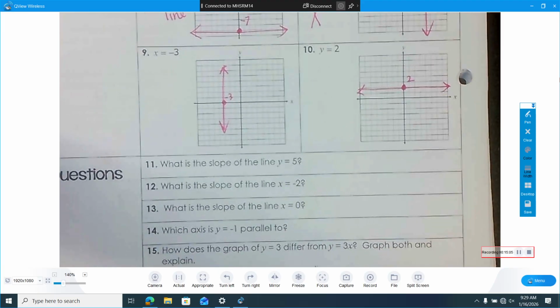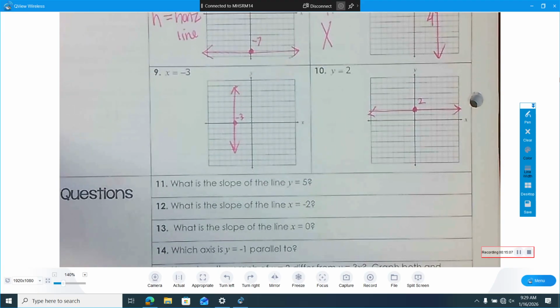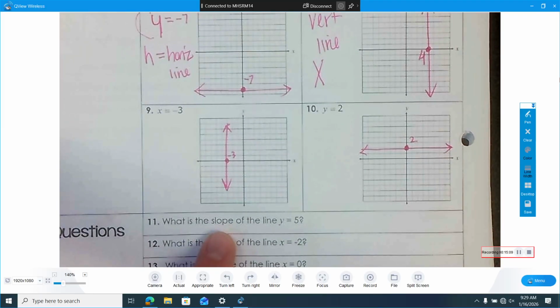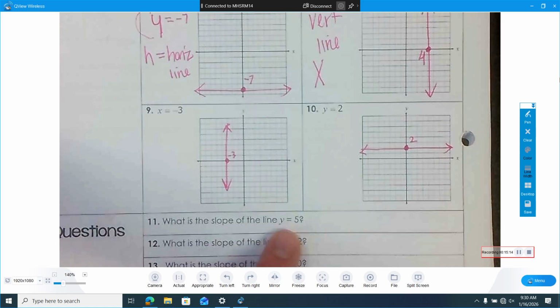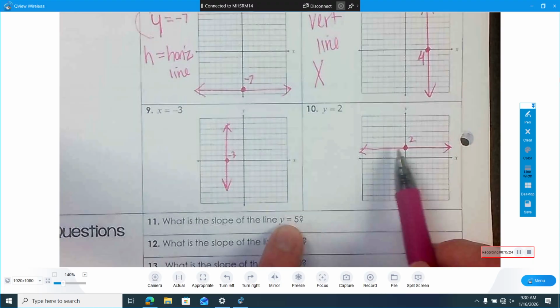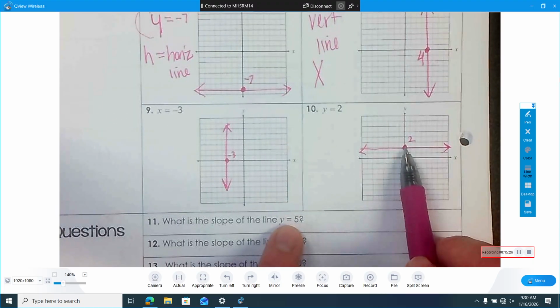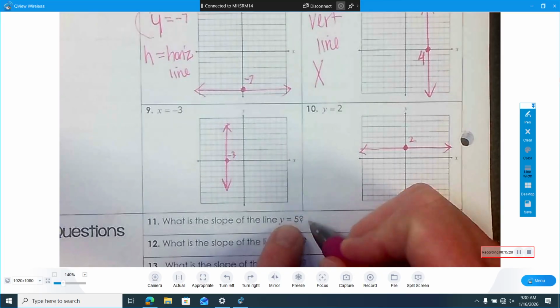Number 11. What is the slope? Ooh, interesting. Of the line y equals 5. What does the line y equals 5 look like? Horizontal. It's like this one. All right. What's the slope of a horizontal line?